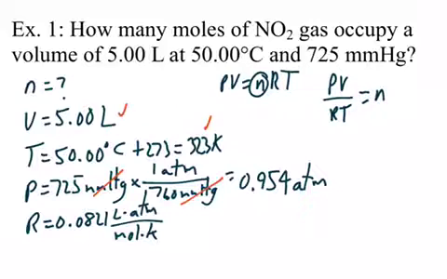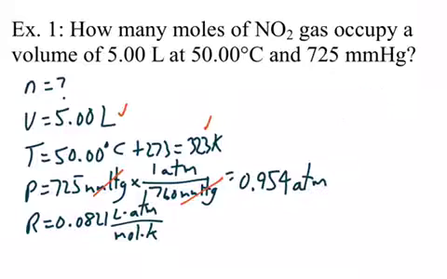Now let me give myself a little bit of room. I'm going to erase this for a minute so I can do the work there. I'm going to substitute. We're looking for N, which I mentioned is PV over RT. And now that everything is in the appropriate units, we're going to plug in our numbers.